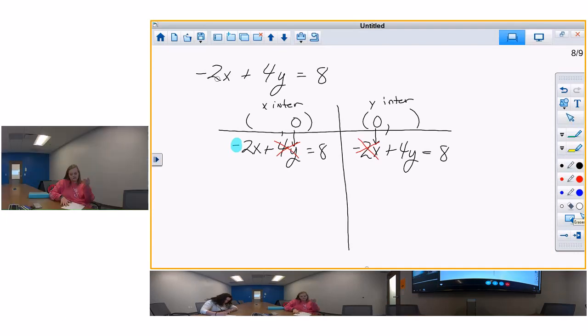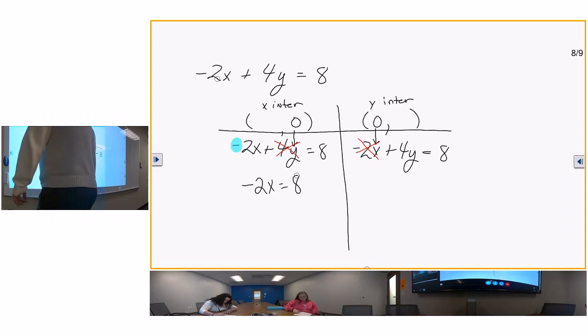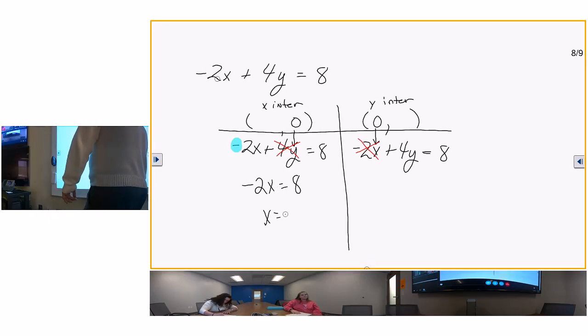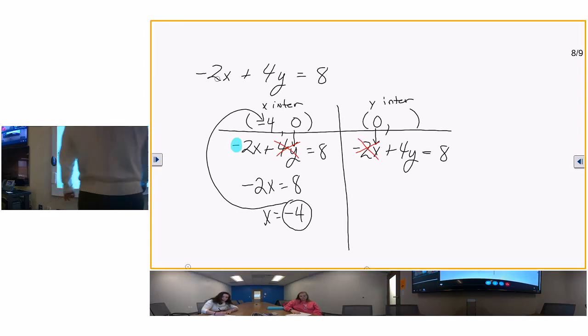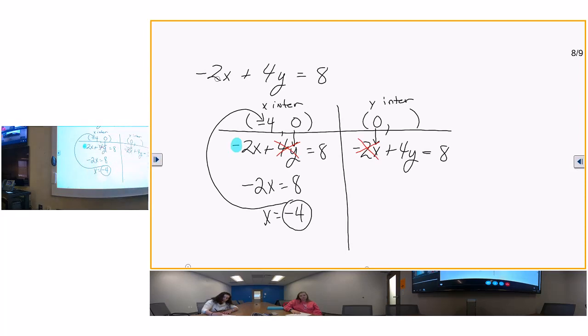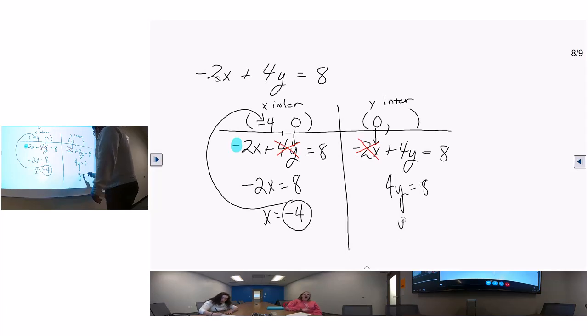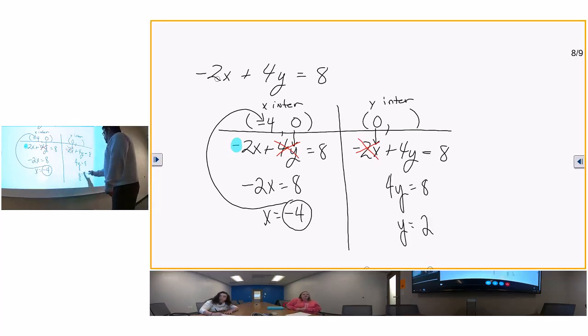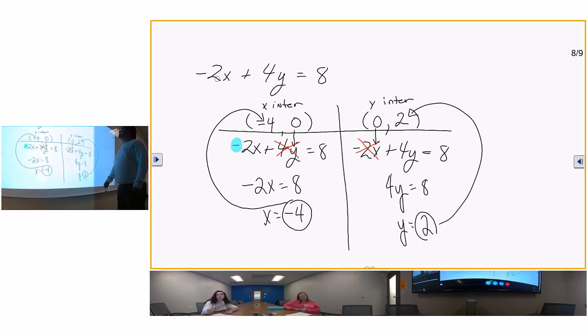Oh crap! It was negative 4. Negative 2x is equal to 8. X is equal to what? Negative 4. Number two mistake. Because number one mistake is students not putting the negative there and putting the wrong thing. Okay? 4y is equal to 8. Y is equal to what? 2? Yep. All right, plot that one.